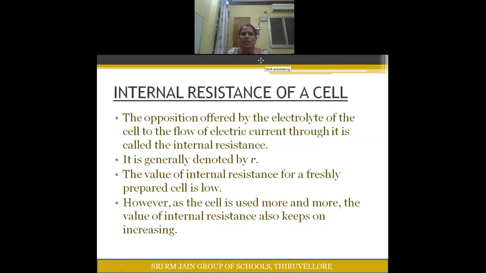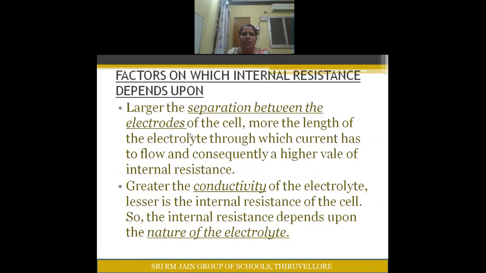And now let's see what are the factors on which this internal resistance depends. The larger the separation between the electrodes of the cell, the more the length of the electrolyte through which current has to flow, and consequently a higher level of internal resistance.